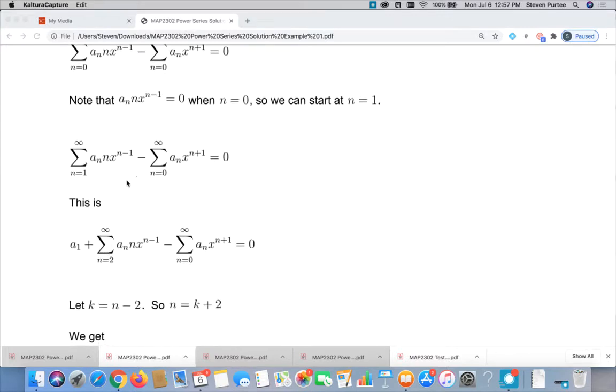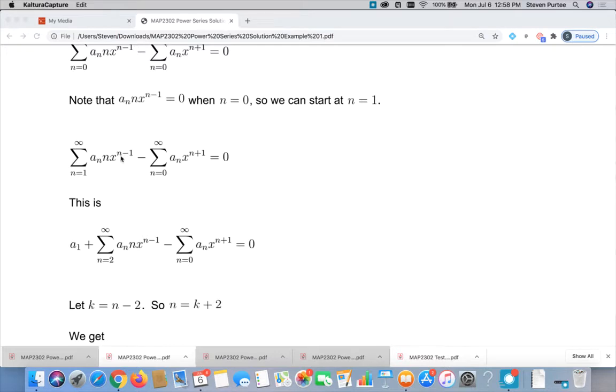Okay, now the trick here is these differ by 2. This guy is 2 bigger than this one. So I want my starting points to be 2 away as well. One way to do that is break off the first one here, plug in n equals 1.